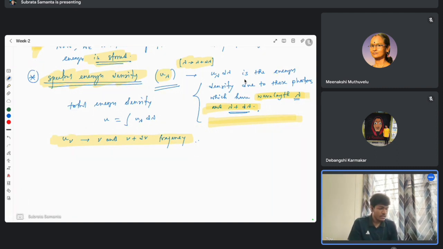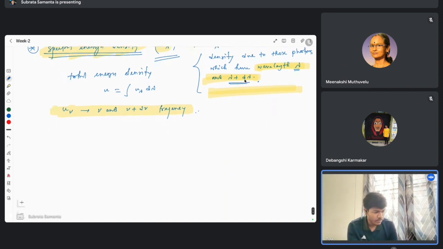Now the second point is that in thermal equilibrium, there is no net energy flux from the cavity to the surrounding. That means the energy flux from one cavity to another is the same. What do we mean?